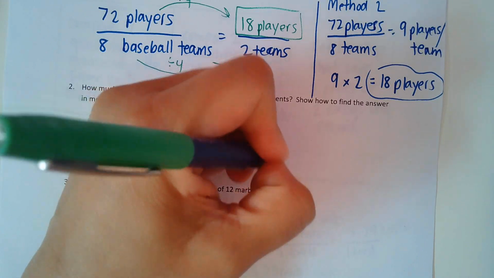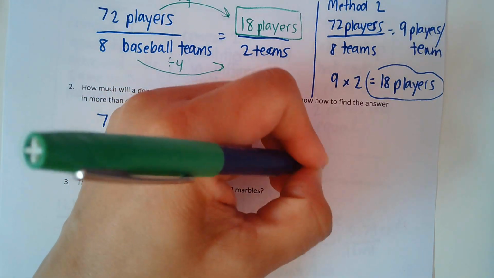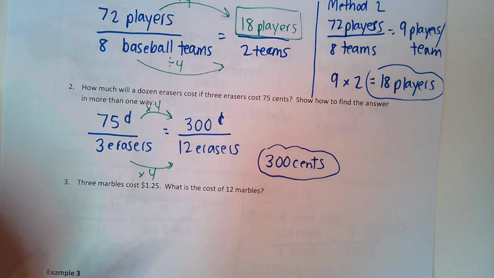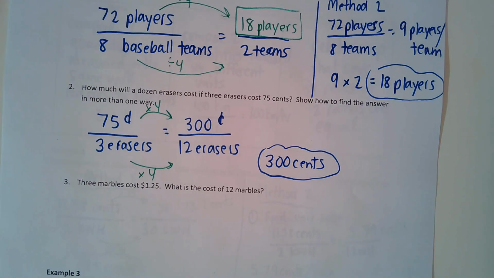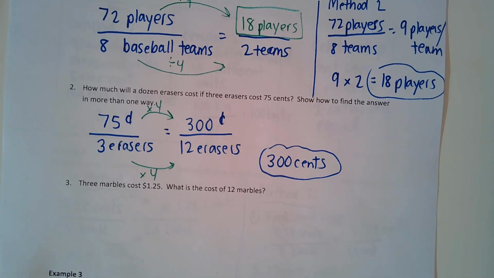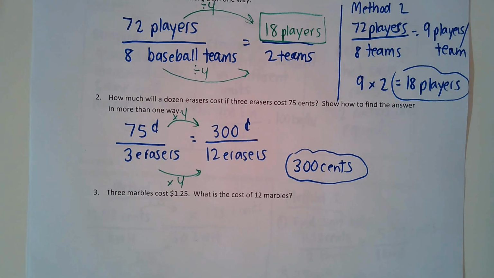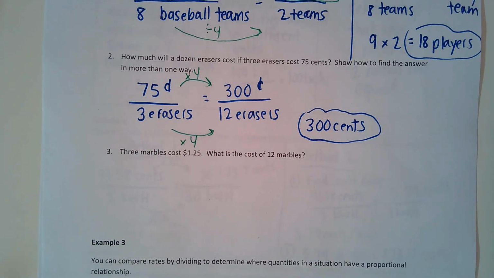So I'll just leave our answer in cents. And you could also use method 2 as well to find the rate, the unit price, and multiply it by 12.